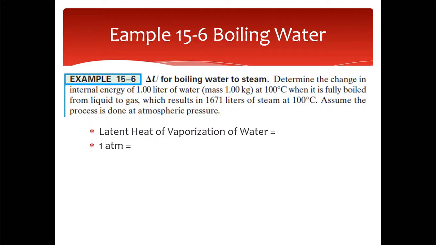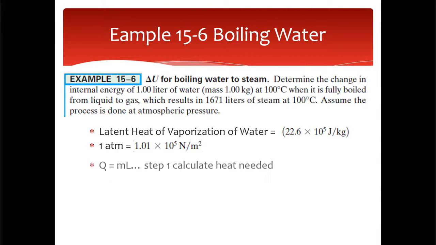Okay, well, first things first, this is a phase change, so we're dealing with energy. Secondly, 1 atmosphere is great for pressure, but we need to work with pascals. So, from the table of latent heats, you can find the latent heat of vaporization of water. Okay, we convert our atmospheres into pascals. And then we follow a series of steps.